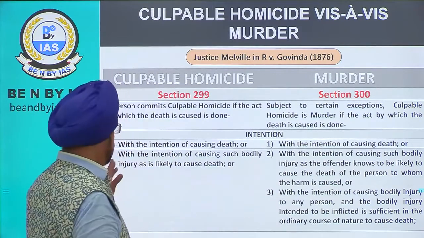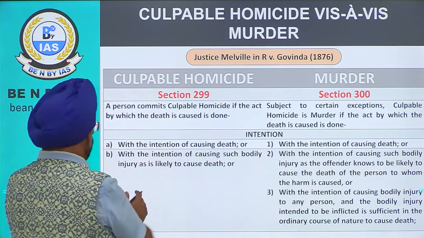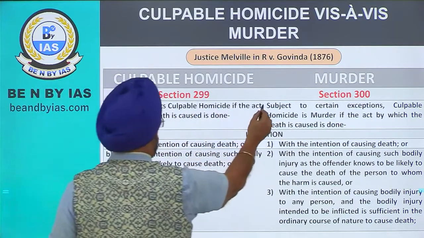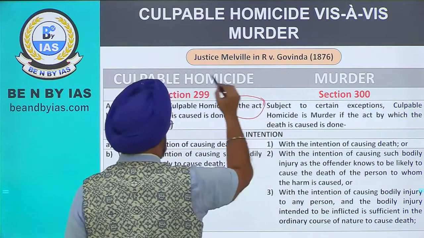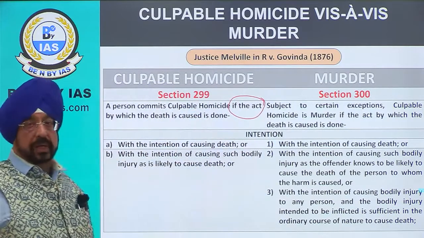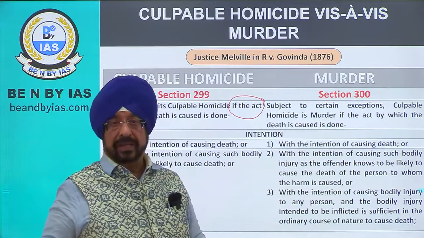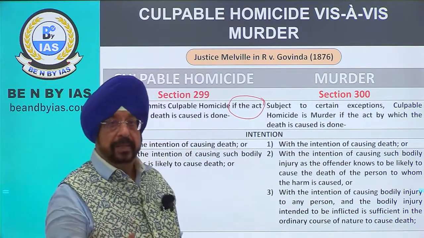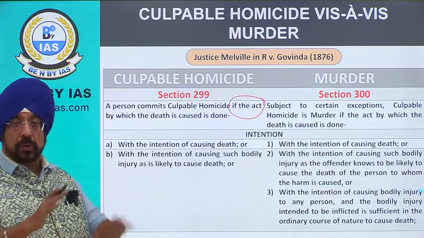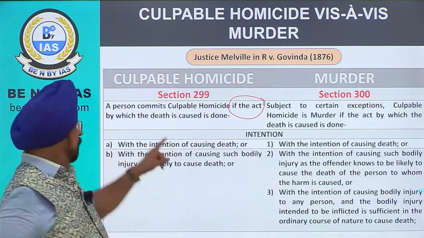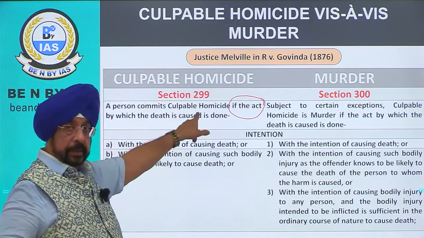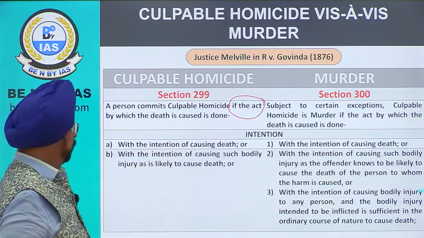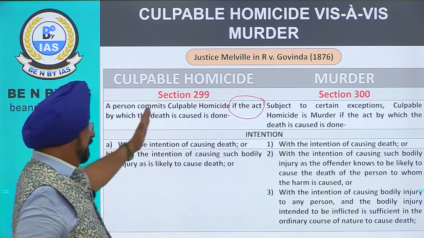Right? So let's see. A person commits culpable homicide if the act, so we are talking about the act. Act of what? Act causing the result, that is death. And death also not lawful, unlawful death. So the act causing the unlawful or culpable homicide by which the death is caused.